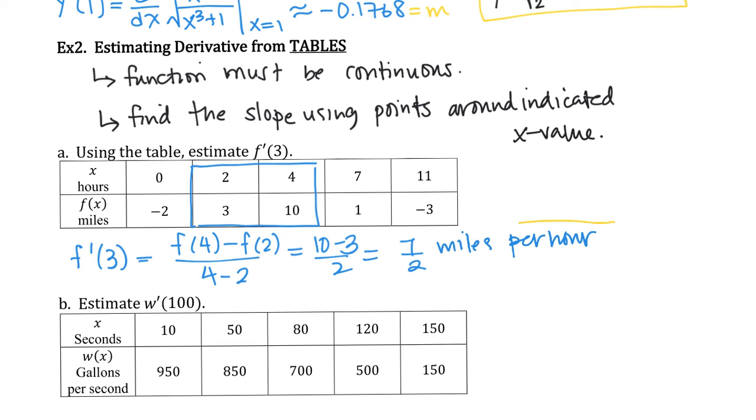Okay, and this is a super rough approximation. These are relatively close to 3. If I had used 0 and 7, because 3 is kind of in between those, I would have had 1 plus 2 is 3. 3 over 7 is very different answer than this. So this is going to give us a rough approximation, but it's better than nothing.